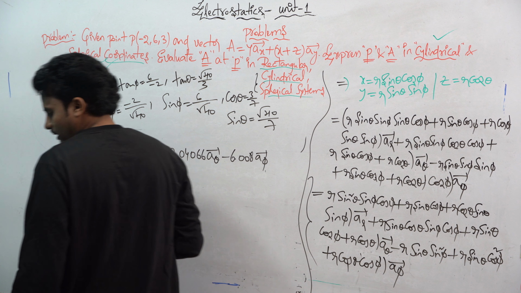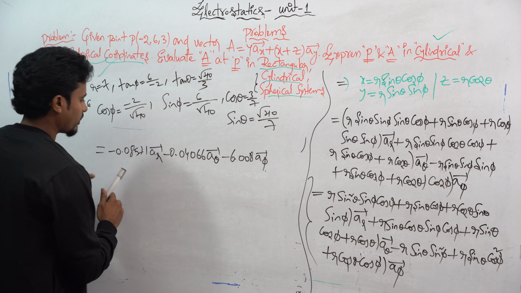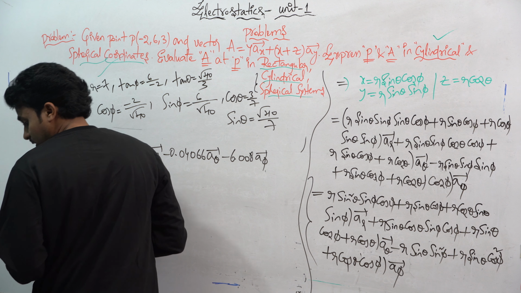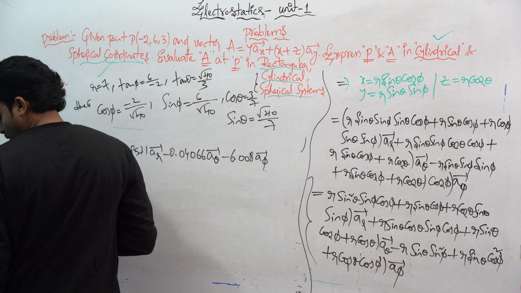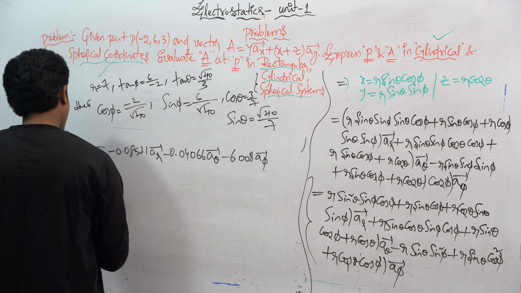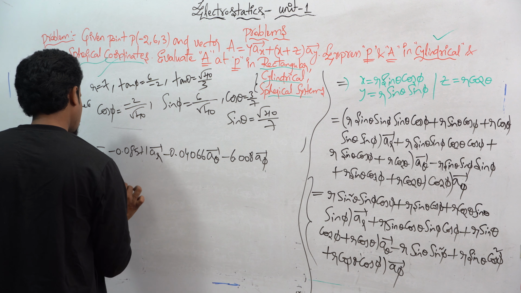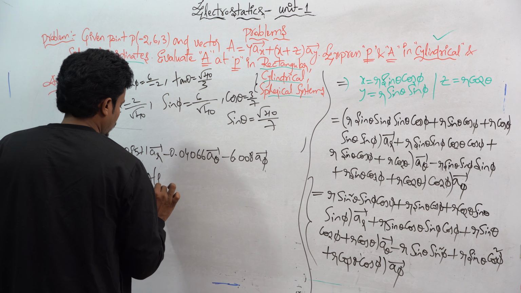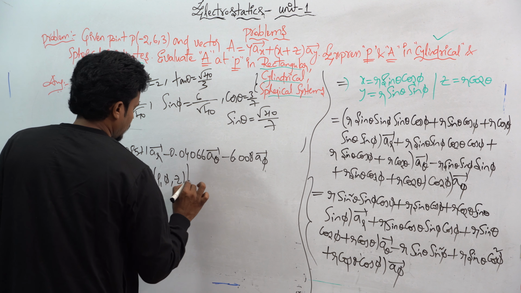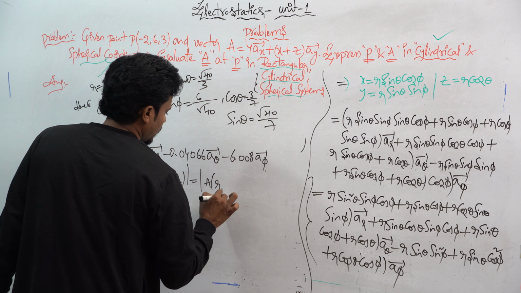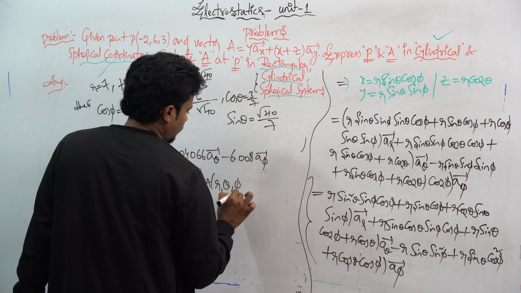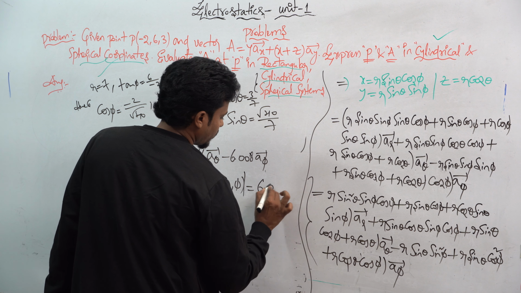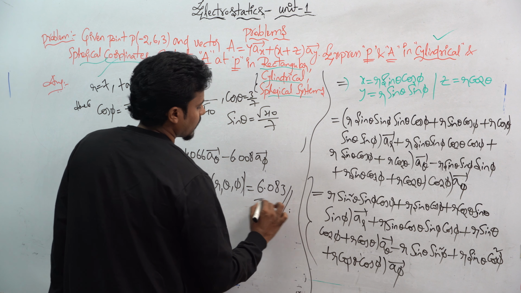Okay, now if you want to equate all of those things, you will get 6.03. So modulus of x, y, z is equal to modulus of a of rho, phi, z is equal to modulus of a of r, theta, phi, which is equal to 6.083. So this is the answer.